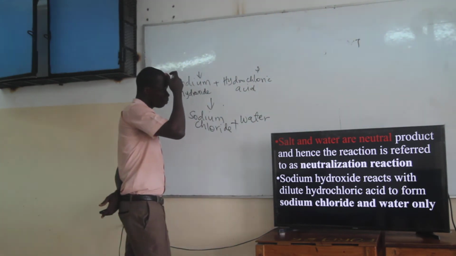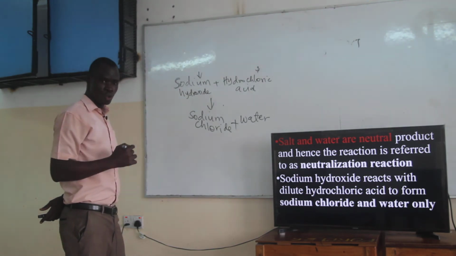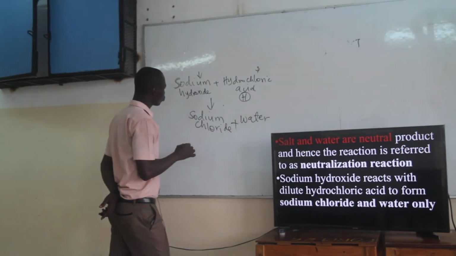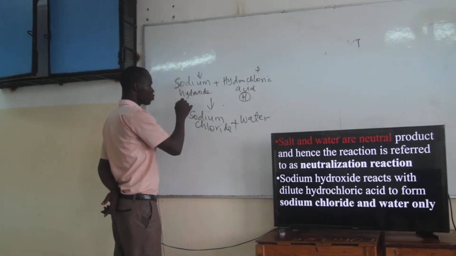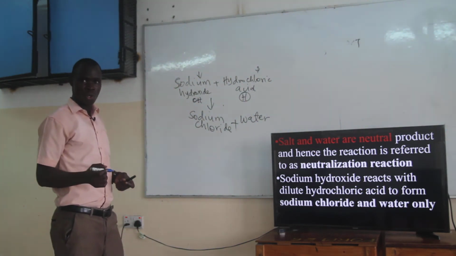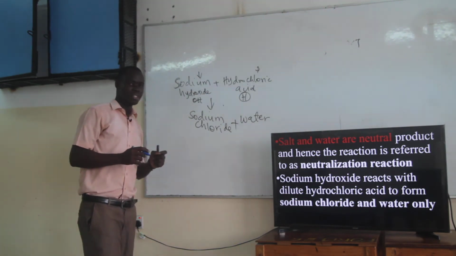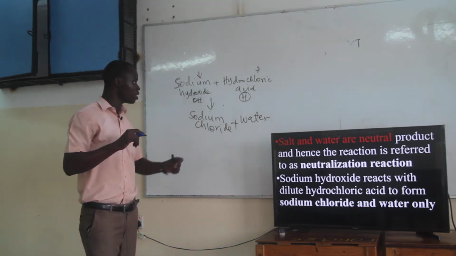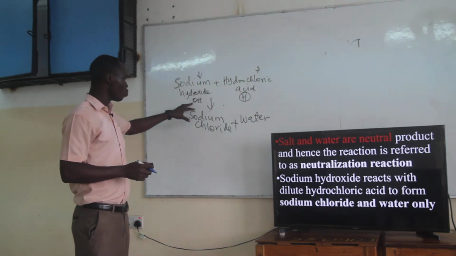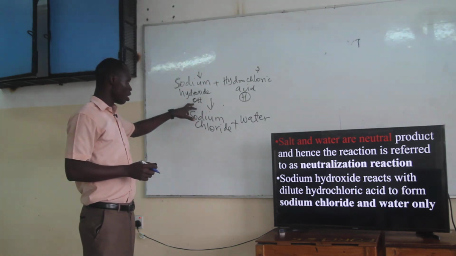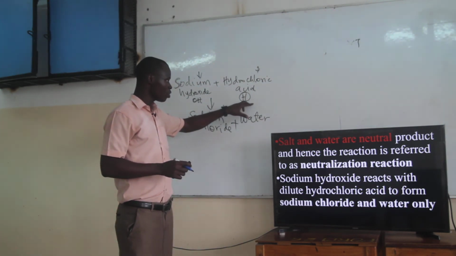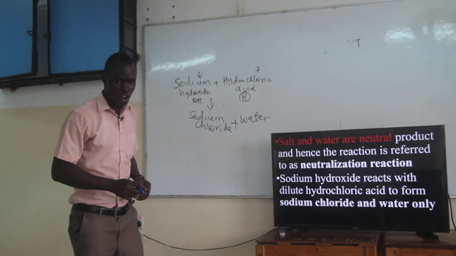We're going to learn something. Hydrochloric acid contains hydrogen, while sodium hydroxide contains hydroxide. So this is a base. Remember when you were dealing with the definitions of acids and bases, we said a base is a substance that can dissolve in water to give hydroxyl ion as the only negative ion, while an acid is a substance that dissociates in water to give hydrogen ion as the only positive ion.